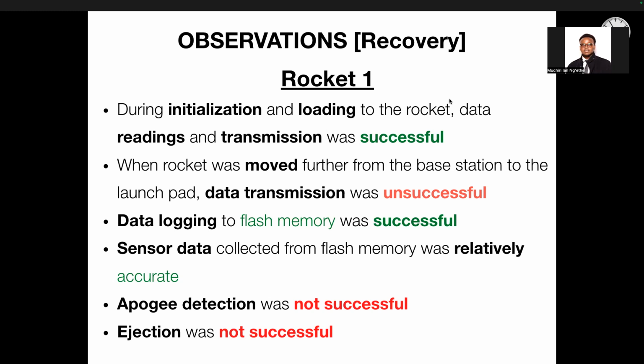Also, apogee detection was not successful, and ejection was not successful due to apogee detection failing, due to the threshold Dr. Oki mentioned before of 100 meters, since we expected the rocket to go to around 1.6 kilometers. Yeah, next page.